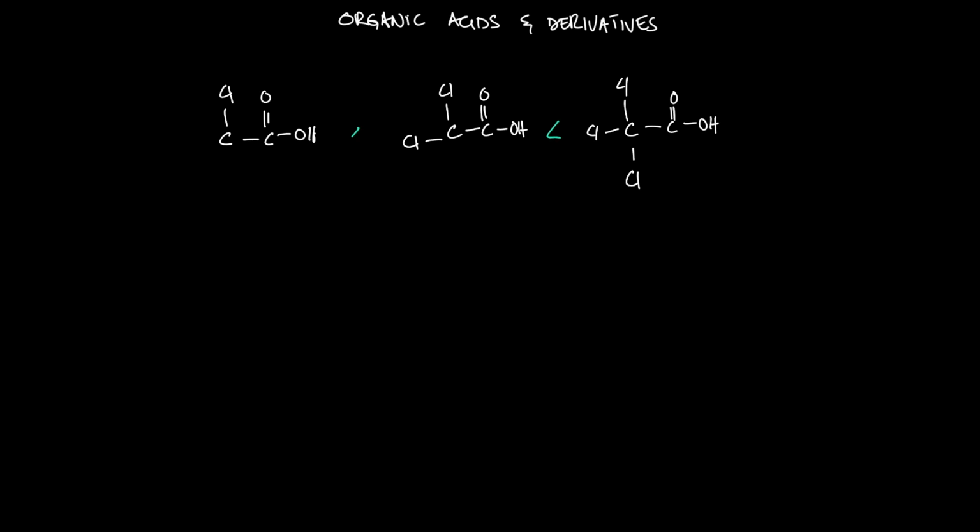As you increase the number of chlorine atoms, what you're doing is basically withdrawing more and more electron density away from the carboxyl group. Okay? The more electron density you withdraw, right? If you think about the conjugate base, the lesser your negative charge on the conjugate base, on the CO2 minus, right? So that's the idea, right? Increase in number of electron withdrawing groups, acid strength increases.